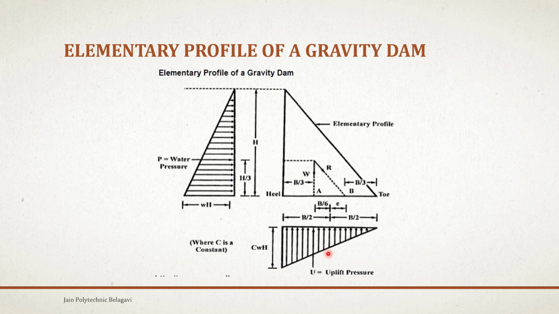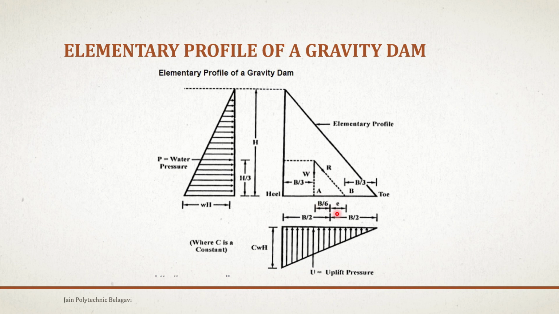We call it the uplift pressure, and this will be just like a triangle, similar to how the self weight of the dam acts. Similarly, the uplift pressure will be acting. And one more thing, how this resultant is going to act, whether beyond the E or behind the E.